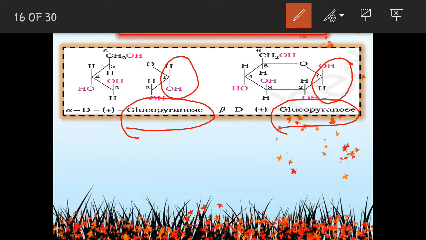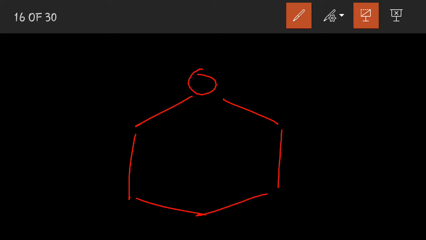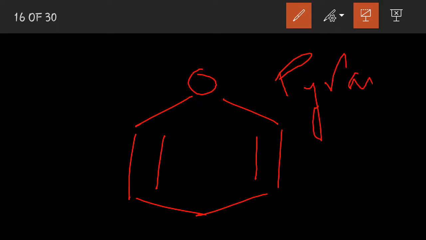Why is it called pyranose? That is due to this structure. We have one organic compound, a heterocyclic compound, which looks like this, a 6-membered heterocyclic compound. This compound's name is pyran. It's an organic, heterocyclic compound.